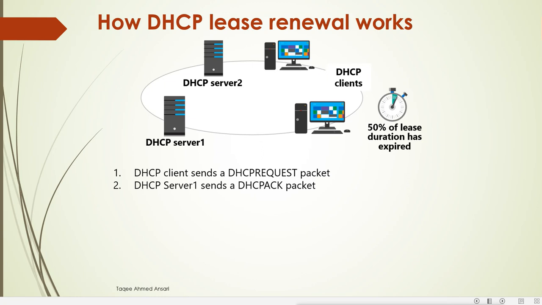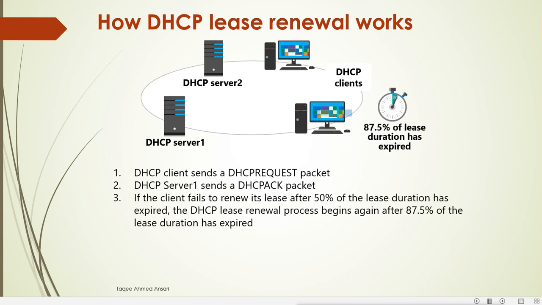Now the server gets the request, and it will send the acknowledgement packet saying, okay, I got your request, your time is about to reach 50% expiry. Now when 87.5% of the lease duration has expired, what will the client do?